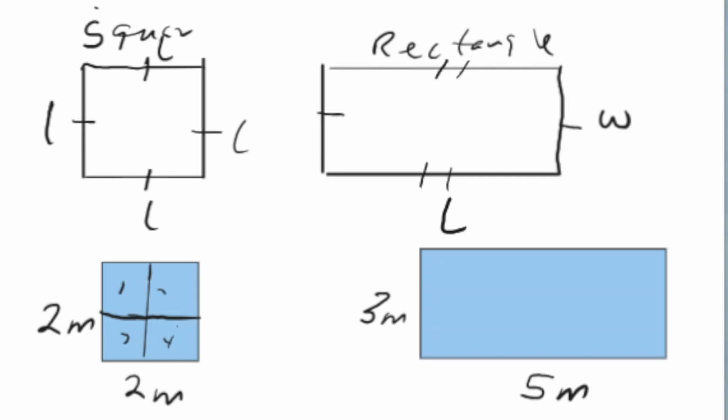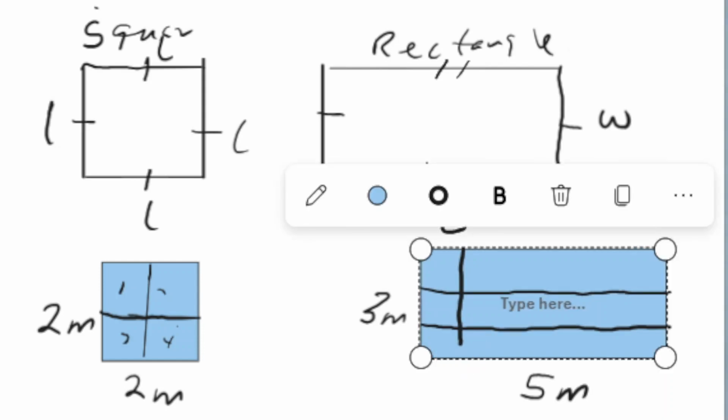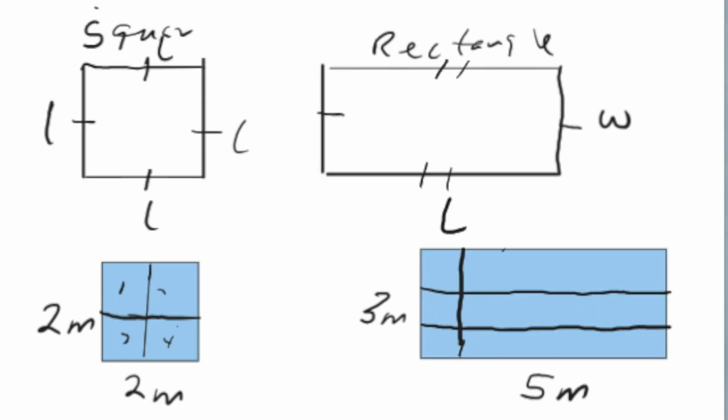But if I come here, I divide this part into 3, 1, 2, and I divide this part into 5. 1, 2, 1, 2, 3, 4, 5. It should be equal.